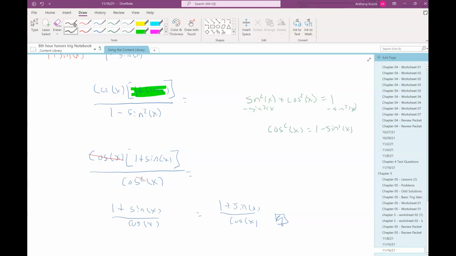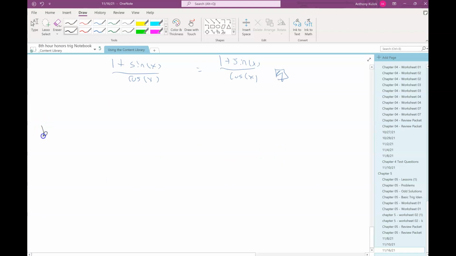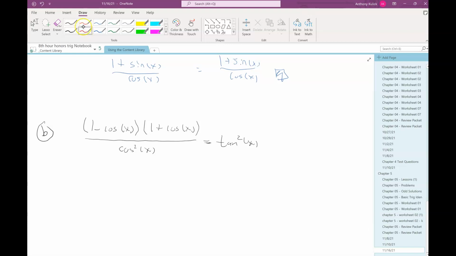Okay, let's do another. All right. Which side would you want to start working on? The left certainly seems a lot more complicated.